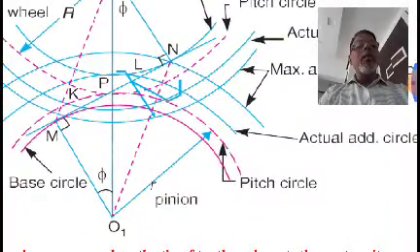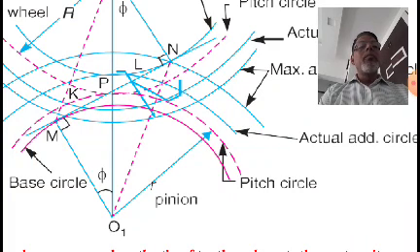See, O1Pn. Now here at point P, if you draw a horizontal line, then there will be a 90 degree angle, and above that 90 degrees you can see this common tangent Mn, which is inclined at an angle phi, right? Because that is the pressure angle. So 90 plus phi gives you O1Pn.